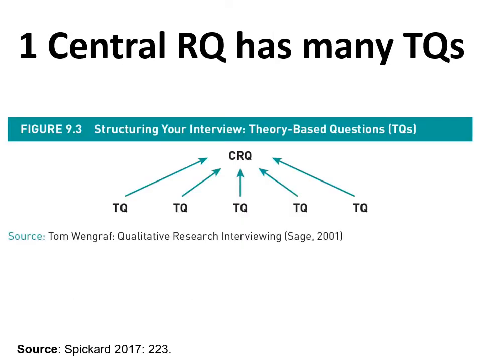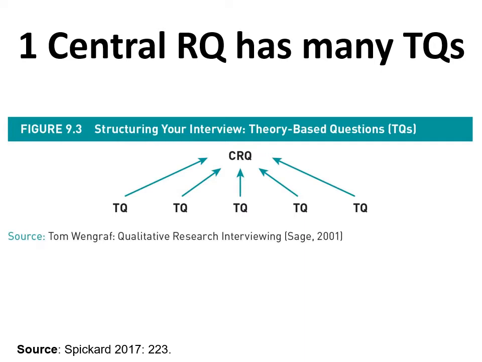The point to remember, and Spickard talks about this in chapter 9, is that a central research question will have many theoretical questions that are associated with it. Or that once you explore your central research question in the literature, you're likely to have identified numerous theoretical questions that will then inform how you answer your central research question. And here is his figure 9.3, which he cited.